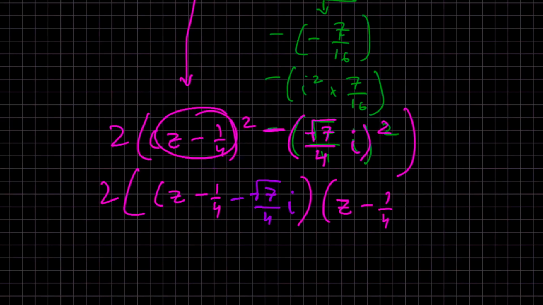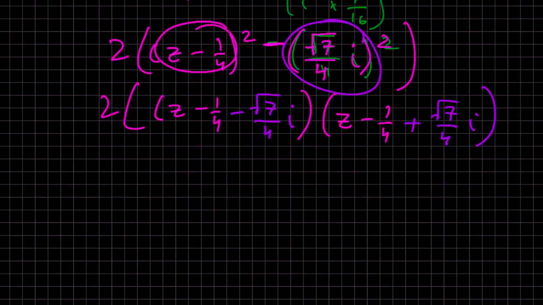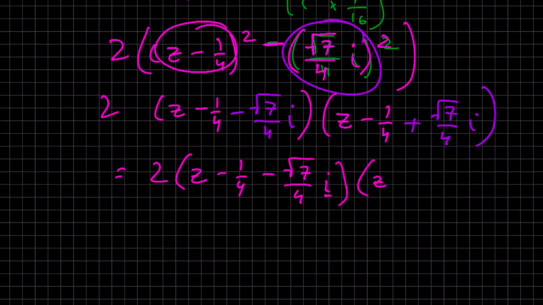And this time we would have plus square root of 7 over 4i. So we now know that our factorized form of this equation can be written as 2 times z minus 1 over 4 minus square root of 7 over 4i and z minus 1 over 4 plus square root of 7 over 4i.